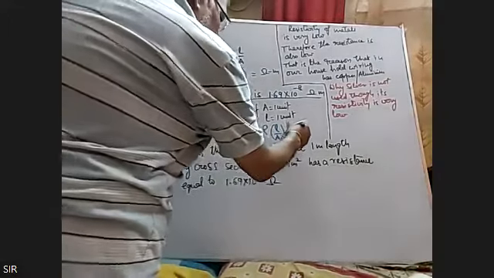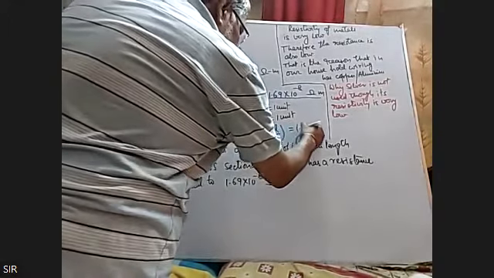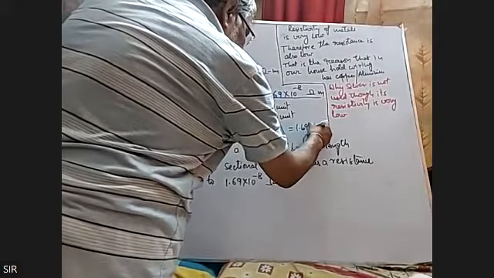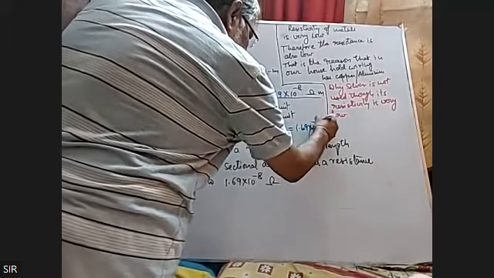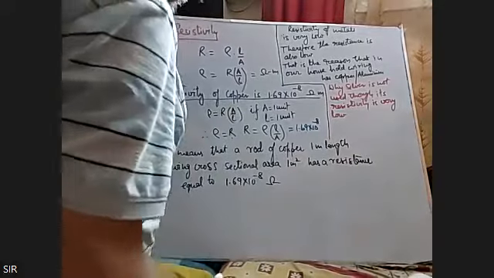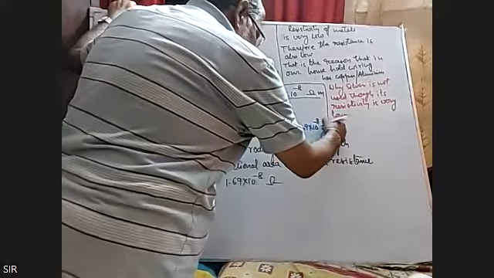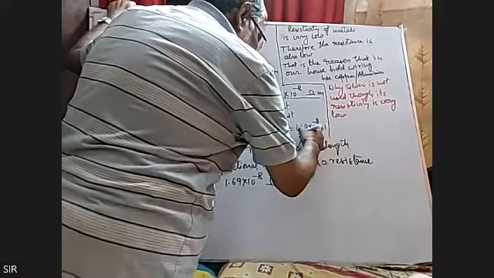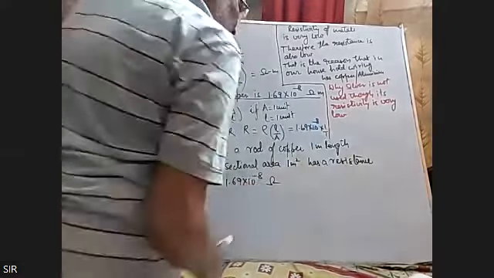So put 1.69 into 10 to the power minus 8, right? And into 1 by 1.